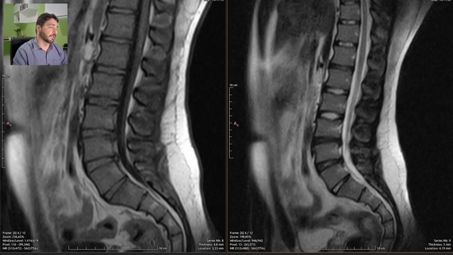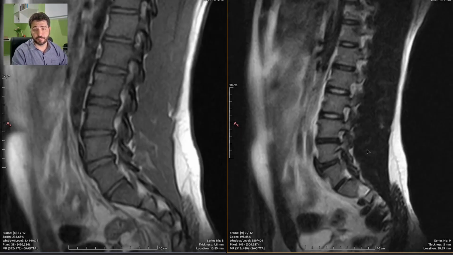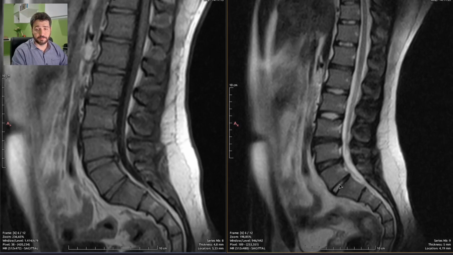Well, since we have established this starting point, we can call every vertebra and every disc whatever we want, because every time someone reads our report, they are going to look for this vertebra and call it S1 as well. So this is L5 and L4.